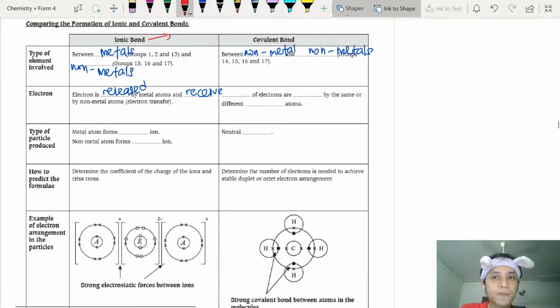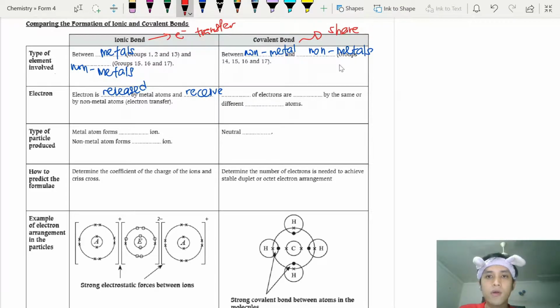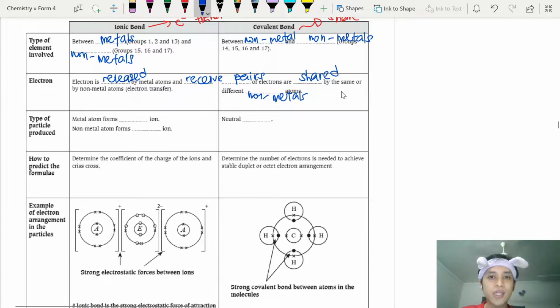This one is about electron transfer, meaning one will donate, one will accept, whereas this one is about sharing. Pairs of electrons are shared by the same or different non-metal atoms, meaning your covalent bond can be between two same elements or two different elements.